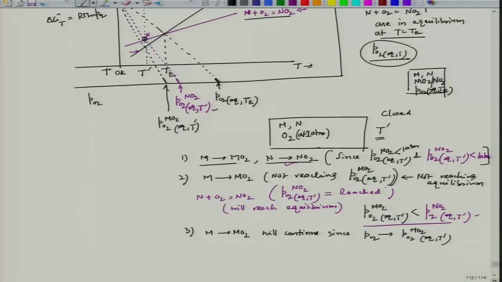Now, once it goes below this, then it has to take more oxygen, that metal needs to have more oxygen to reach this.